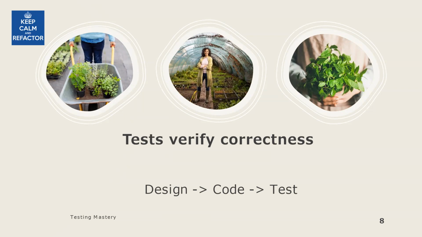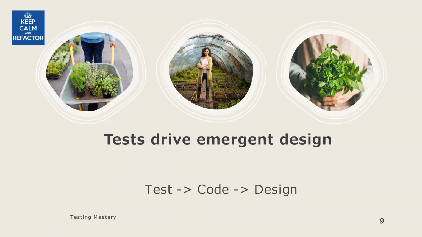And so that's why Kent Beck came up with this test-driven development approach, where the design is, they call it emergent design. It just sort of comes out of how the program grows. So you first write the test. What should it do?